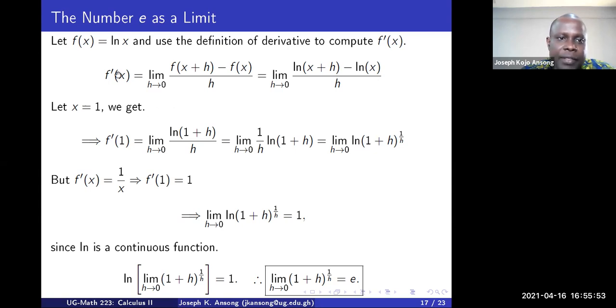So once again, we know that from definition, f prime is given by this, right? But f now is ln, so I'm going to have ln of x plus h minus ln x all over h, right?